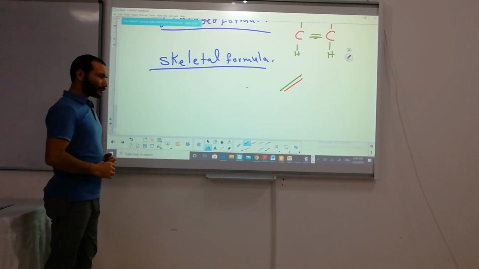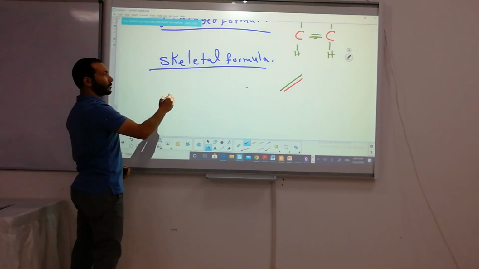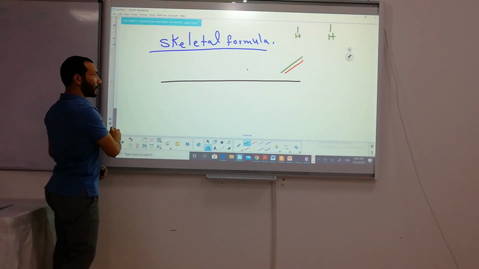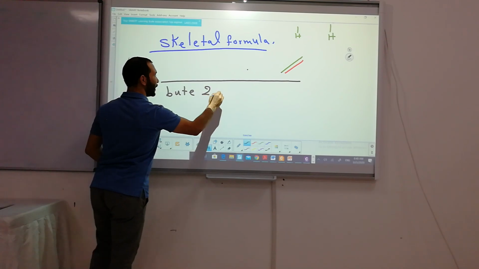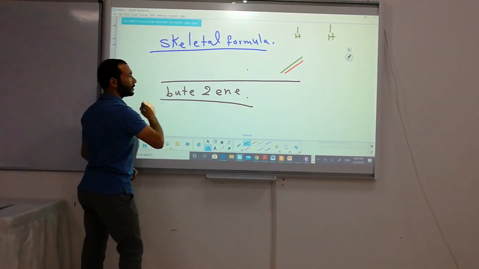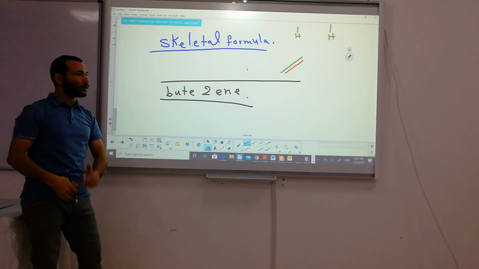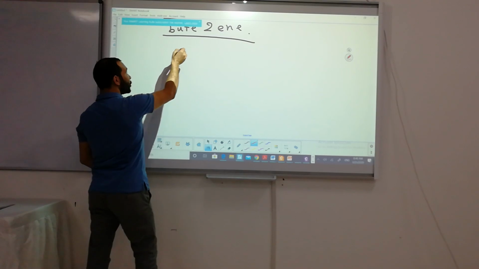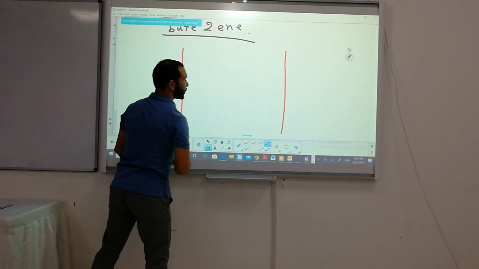For example, if you understand this, I need you to write but-2-ene. How can I write all of these? Number one, we will divide the board into three types.